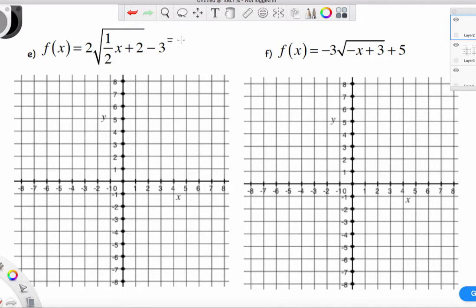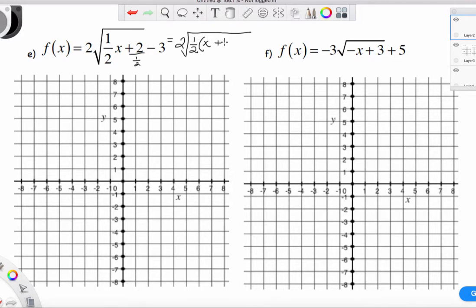I'm going to end up with 2 square root of 1/2 parenthesis x. Now this is where issues occur. When you factor out 1/2 out of that 2, you're really dividing that 2 by 1/2. And 2 divided by 1/2 is not 1. 2 divided by 1/2 is actually going to turn out to be 4.